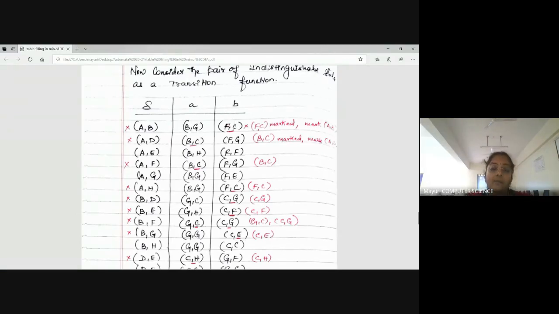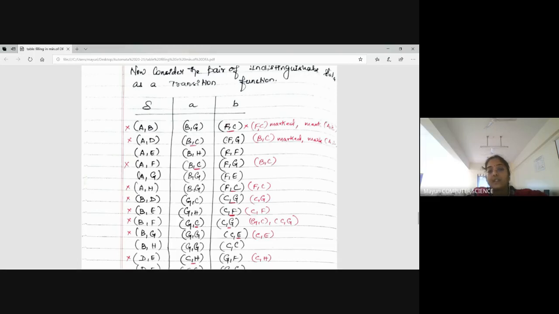Now, what I have to observe in this is, out of my transitions, what are all the resultant pairs I got out of A and then the input symbol b? You have to make sure that if any one of them is distinguishable, then make AB also distinguishable. FC, you see what FC means?